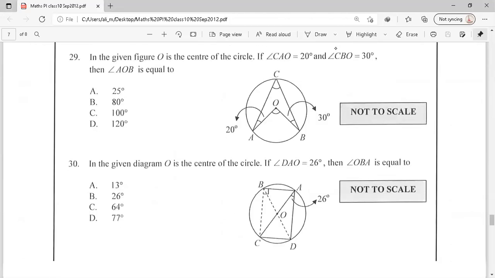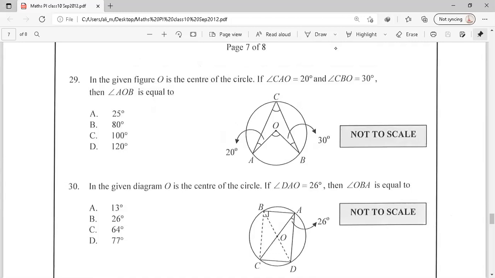Let's see question number 29 and 30. In question 29, we have a figure in which a circle is given with the center O, and we have two angles, 20 and 30, at CAO and CBO. We have to find AOB, that is the central angle at center O. Let's make this line OC, the radius. If this is 20, the angle at this point will also be 20 degrees.